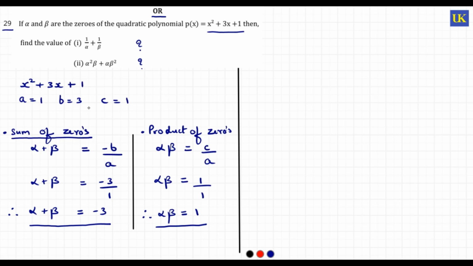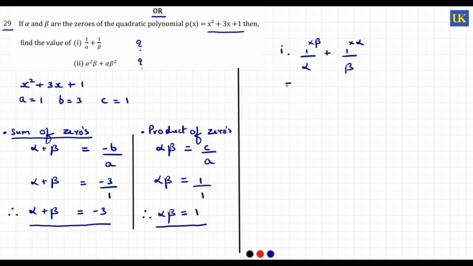Now we will see this first question here. They are asking 1 upon alpha plus 1 upon beta. So first of all, we need to find the LCM here. So we need to multiply beta here and alpha here.